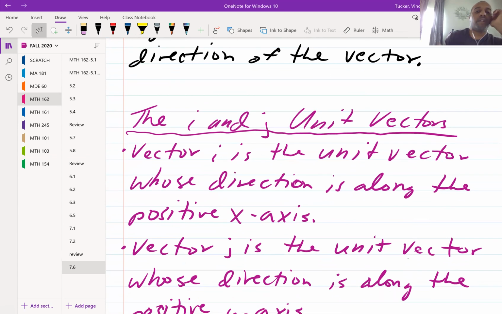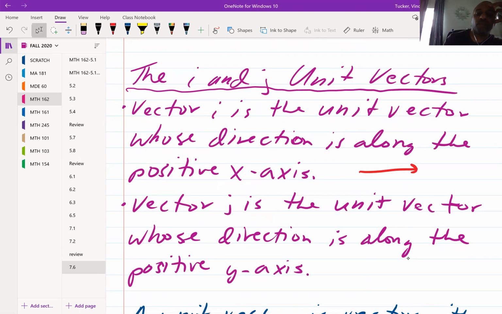All right, the i and j unit vectors. Vector i is the unit vector whose direction is along the positive x-axis. So you're just talking about the positive x-axis. And then vector j is the unit vector whose direction is along the positive y-axis.